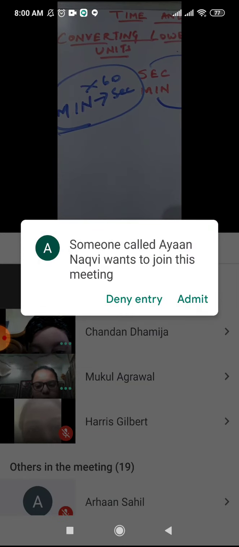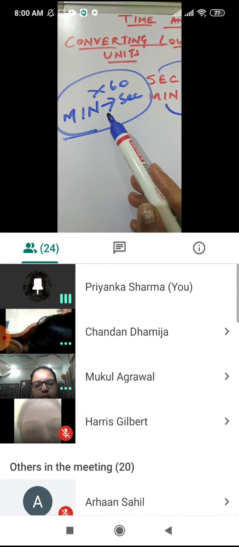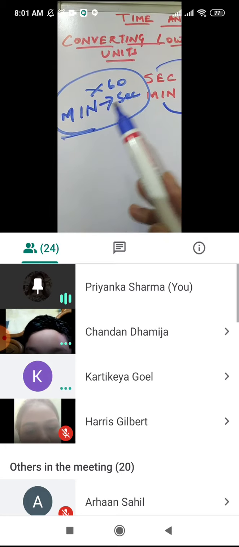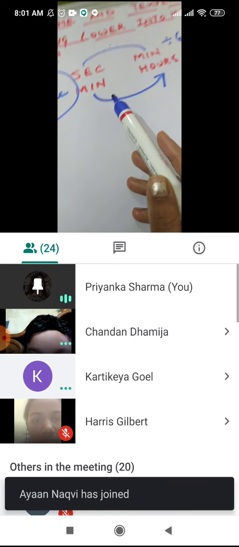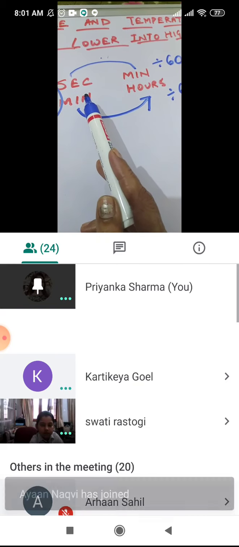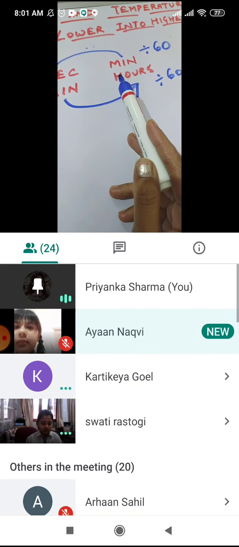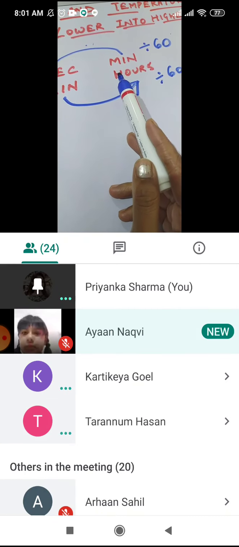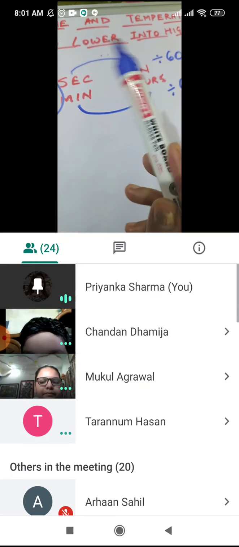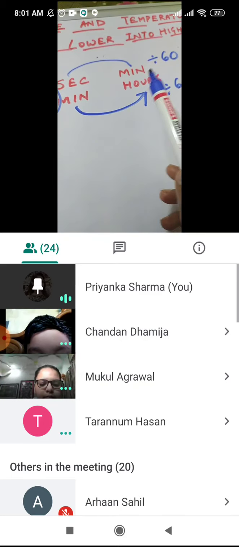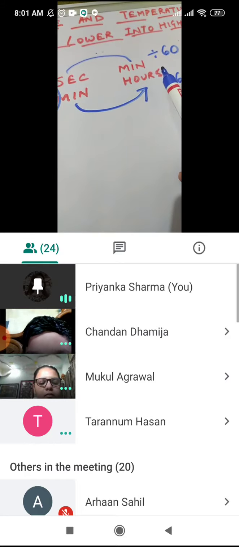This was when we were converting higher into lower, and this is when we are converting lower into higher units. Are you getting it? When we have to convert lower units into higher units, we divide by 60.